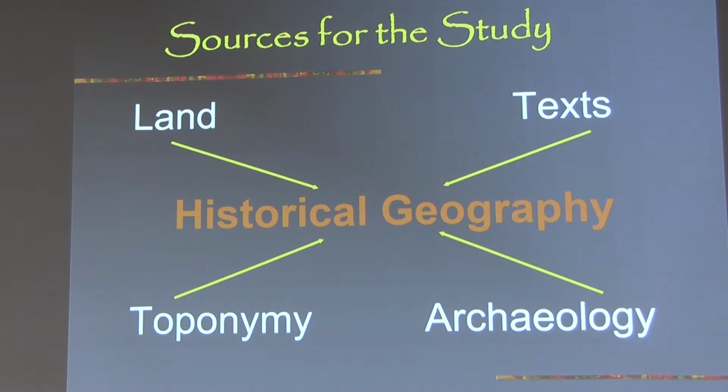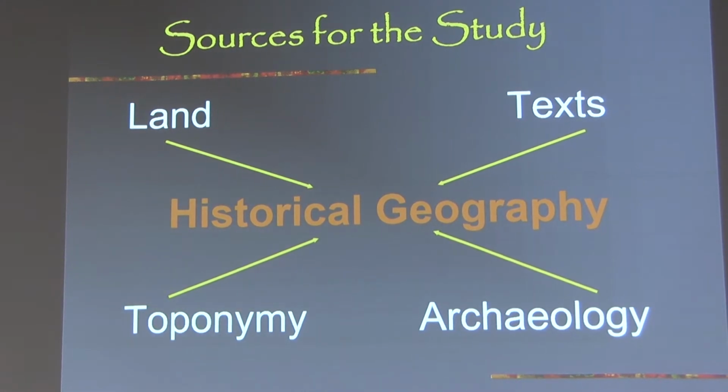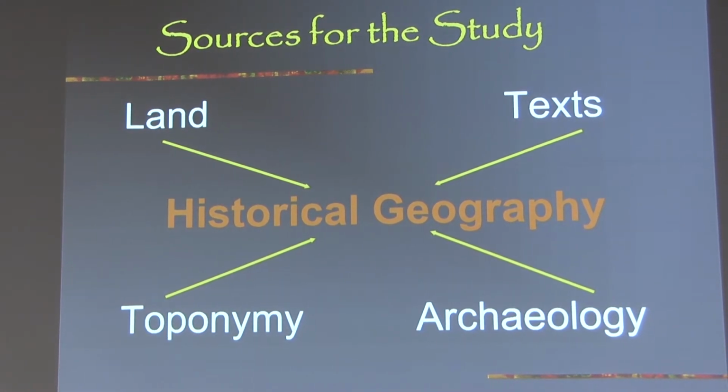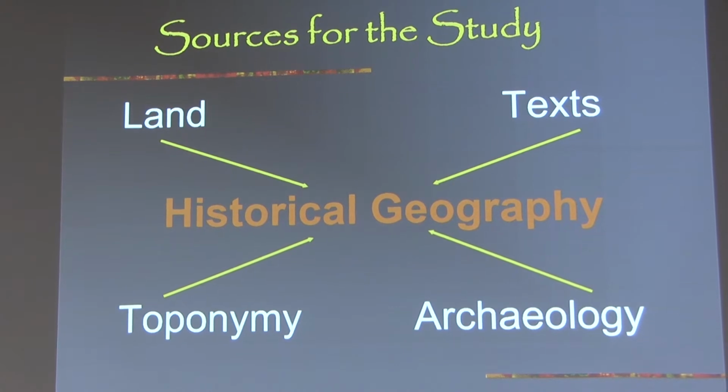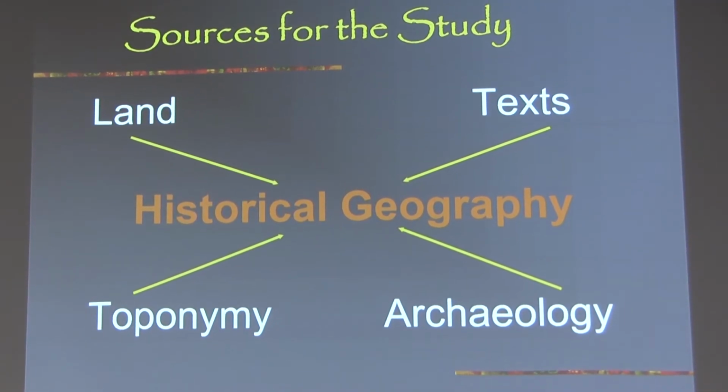In addition to that, we want to look at all the texts that will inform our understanding of this place. Most of those, of course, are going to be Bible texts, but there are others outside. We'll talk about some examples of those momentarily. The third term on the lower left down here, toponymy, may not be one that's particularly familiar to you, but it means the study of place names. And I'll say a little bit more about that when we get to the end of this first hour.